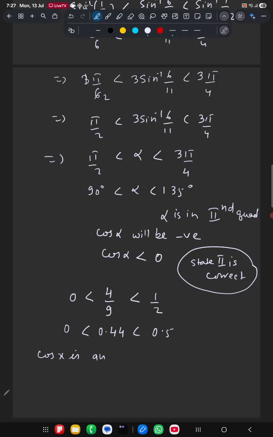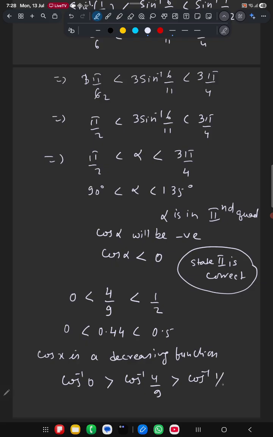So for that reason, cos theta is a decreasing function as theta increases from 0 to 90 degree. If you apply cos inverse to the entire inequality, then cos inverse 0 will be greater than cos inverse 4 by 9, which will be greater than cos inverse 1 by 2.